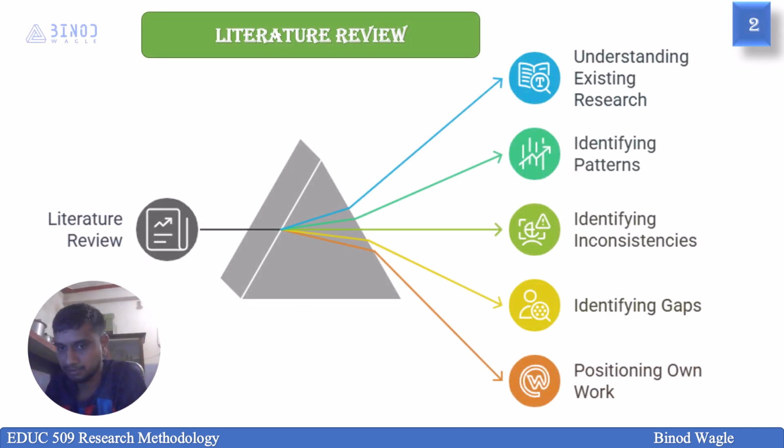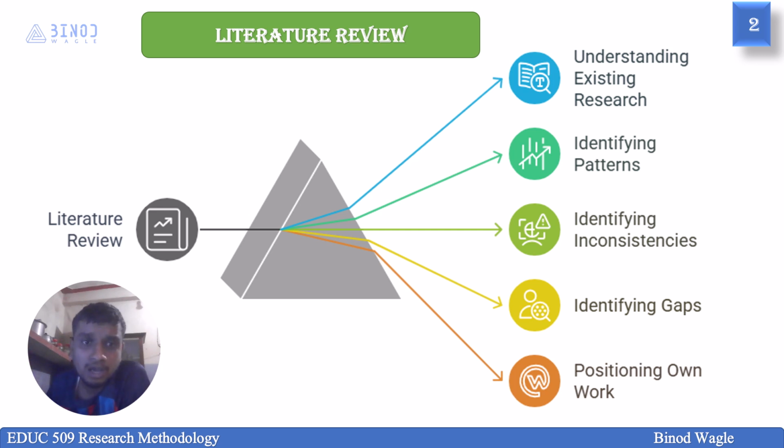Let's know about the literature review. What is a literature review? A literature review is a comprehensive summary and critical evaluation of existing research related to a specific topic or research question.